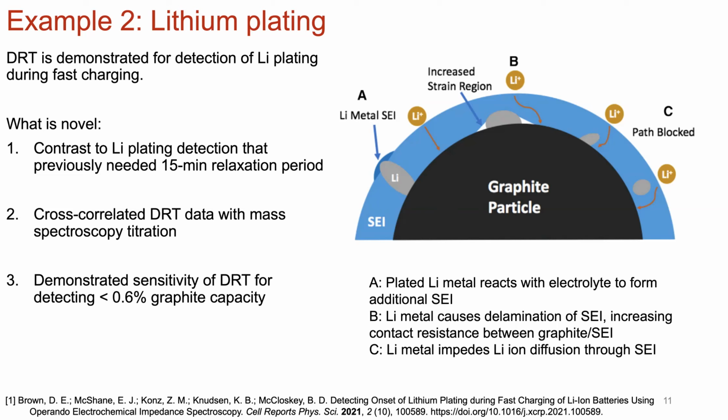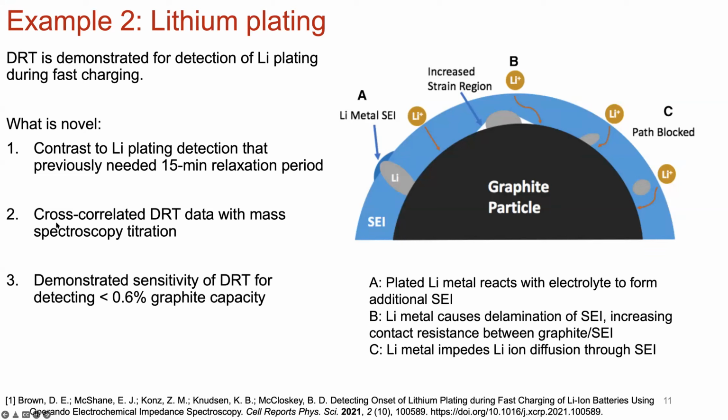So if you're fast charging and you want to do impedance spectroscopy analysis to look at failure mechanisms, or mechanisms that could trend towards failure of the electrochemical cell, then you want to be able to perform these measurements relatively quickly. What's novel about this study is that you can do the experiment relatively fast and avoid the typical 15-minute relaxation periods for detecting lithium plating on graphite.